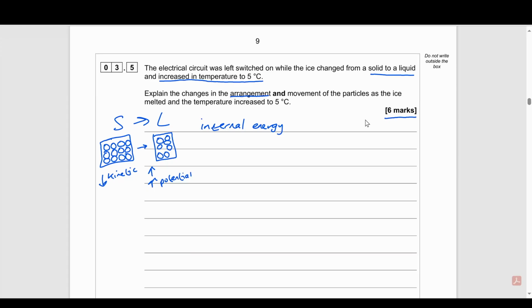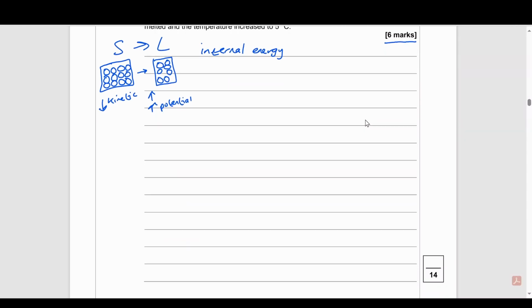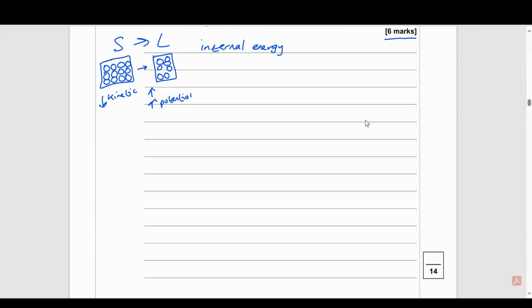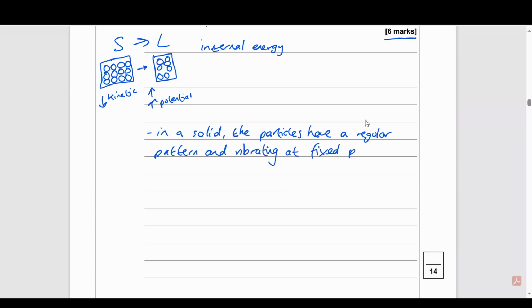So let's try and put all of that together now, formulate our answer to get 6 marks. So in a solid, the particles have a regular pattern. And they're vibrating at fixed positions. When the temperature increases, particles gain kinetic energy and begin to move faster.